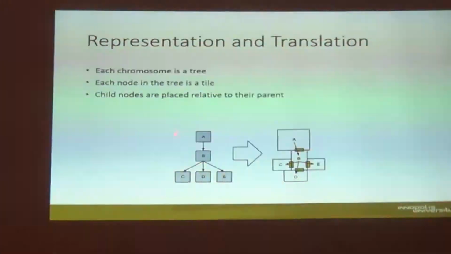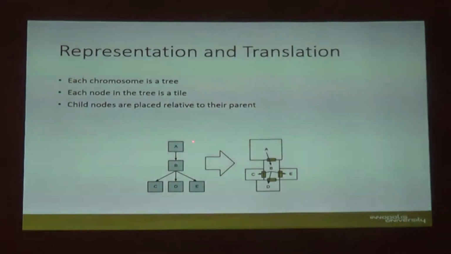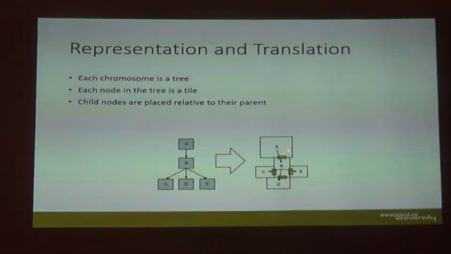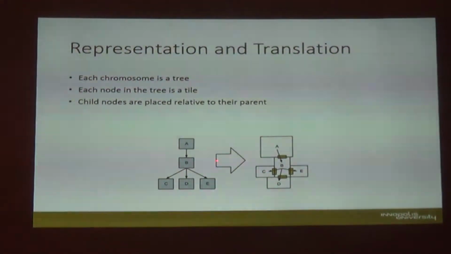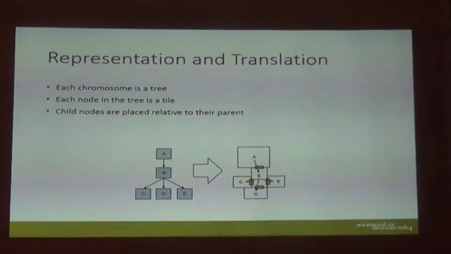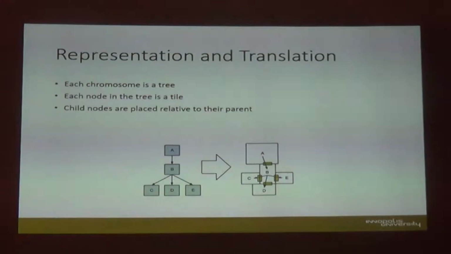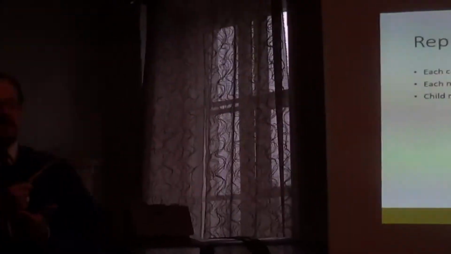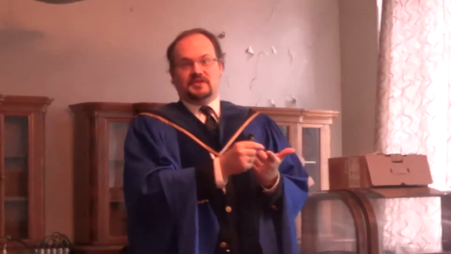Okay. So here's our chromosome as a tree. Each node in the tree is a tile, and child nodes are placed relative to the parent. The nice side effect of this sort of representation is that there are lots and lots of pathfinding algorithms and other search algorithms through levels that use tree structures or graph structures.